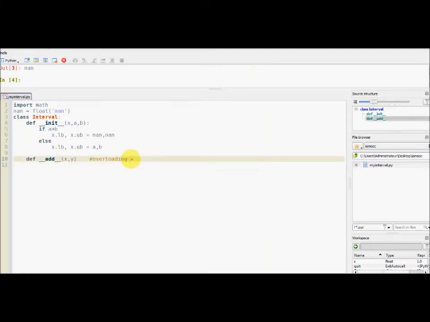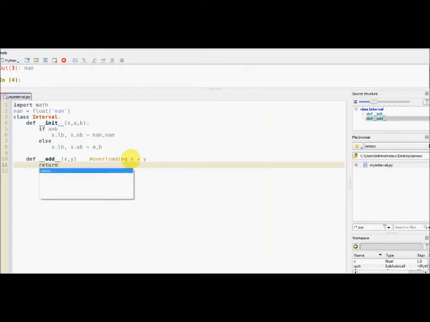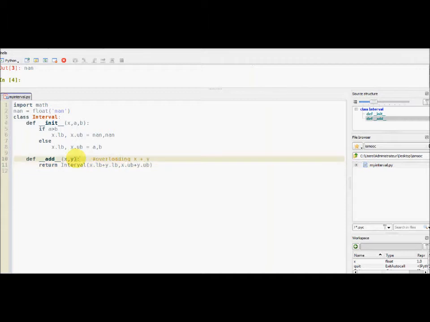So here I am programming x plus y. In this case, I will return the interval corresponding to the sum of the two lower bounds, x dot lower bound plus y dot lower bound, and I will do the same with the upper bound, upper bound. So it corresponds to the sum.